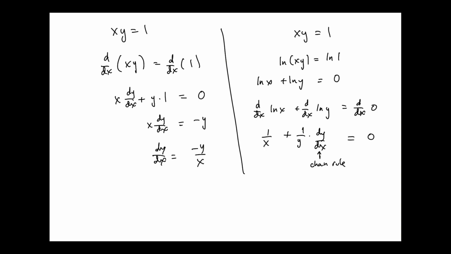Now, why did I not have to do it with the 1 over x term? Because what's the derivative of x? And multiplying by 1 doesn't really change anything. Now, can I solve this equation for dy dx? Yes. Sorry, do it in 2 steps.